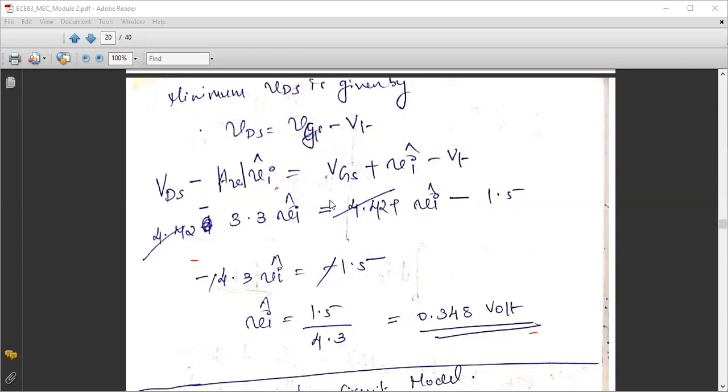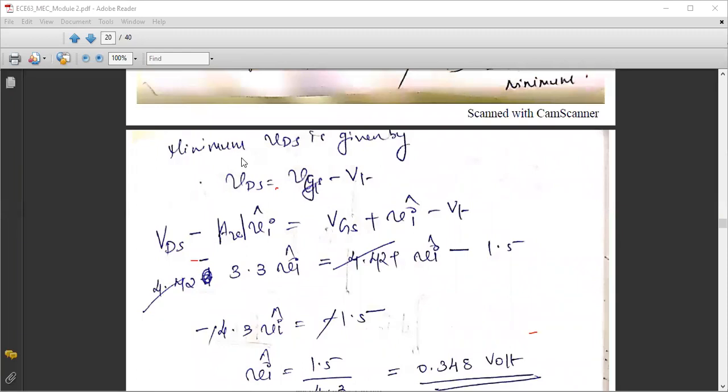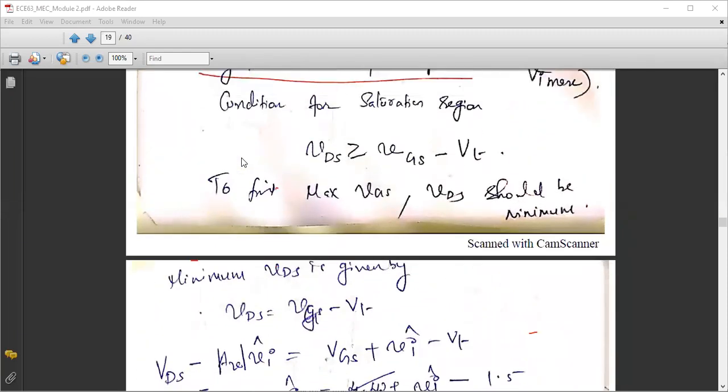To find the maximum allowed input signal, we have to find the minimum output that is required to maintain saturation. Can anybody tell me why I am going for the minimum condition? For maximum input, why am I going for the minimum condition? We have to find maximum VGS here, right? That means the maximum allowed input, that is VI.